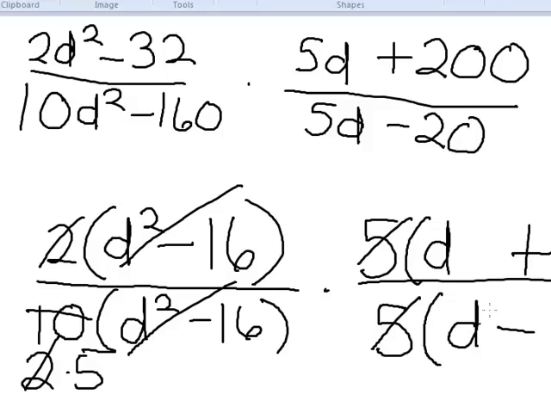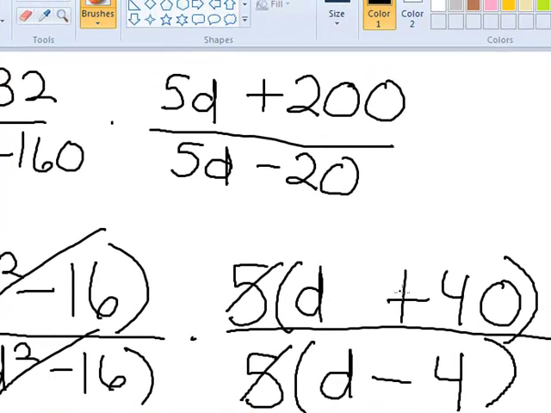Here, there are d's, but you'll notice it's not d times something that links it to this. It's d plus here, d minus here, so the d's aren't common factors. Same with 4. 4 is still part of the expression 40. It's not like this numerator can be written as 4 times something.